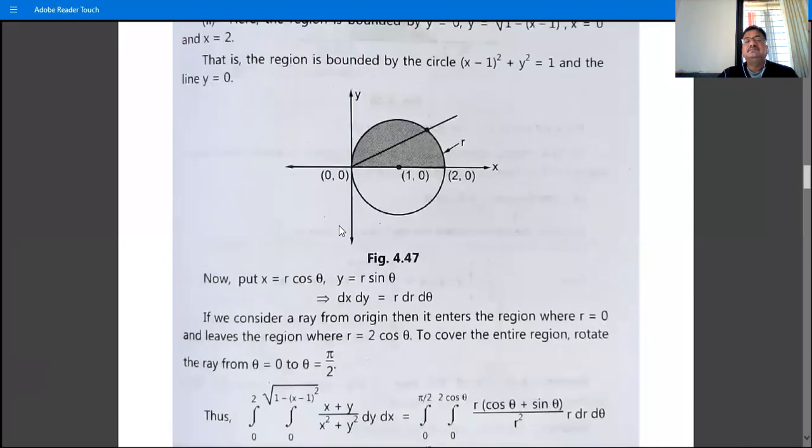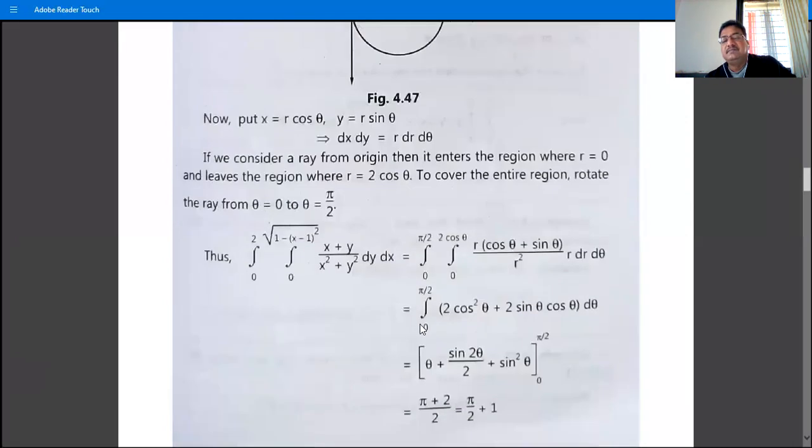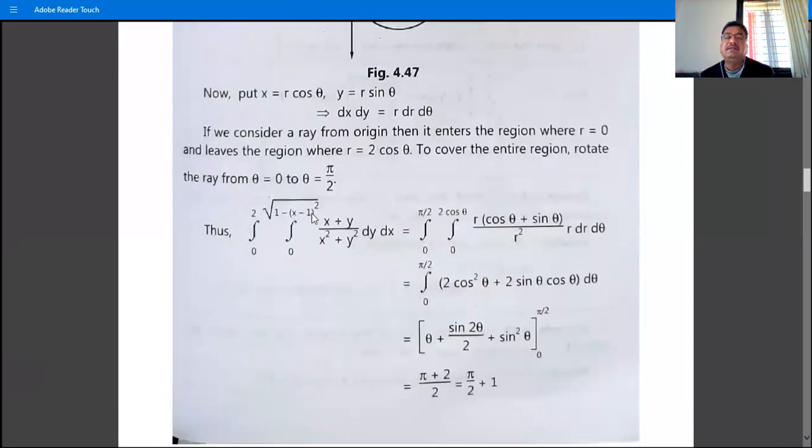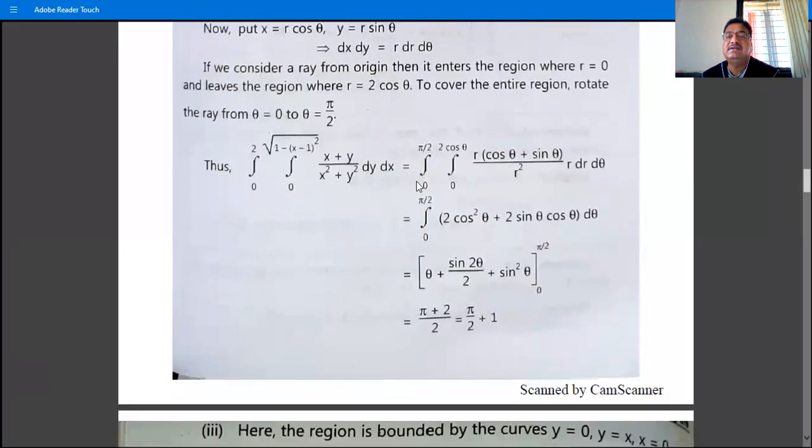Along this ray, r is 0 and r is 2 cos theta, the lower limit and upper limit. Then substitute x and y as r cos theta and r sin theta. Okay, we have this.